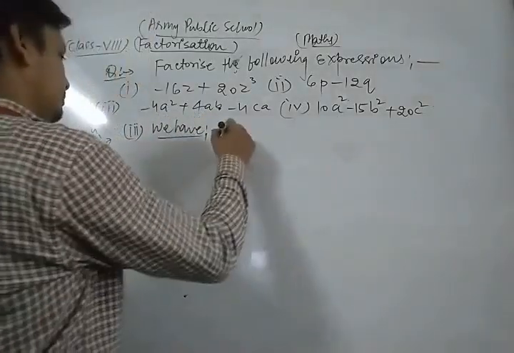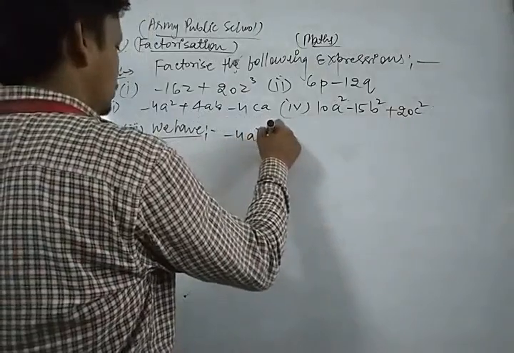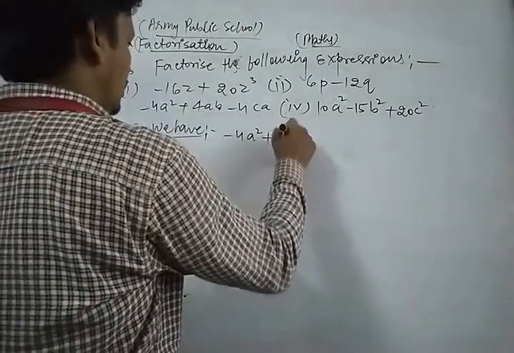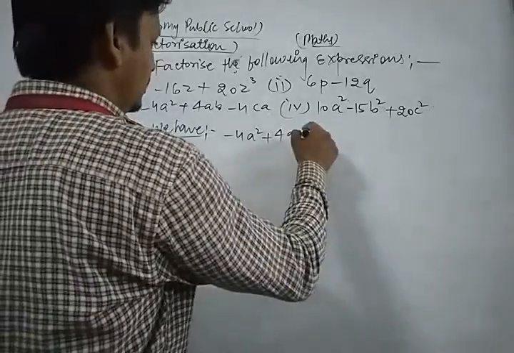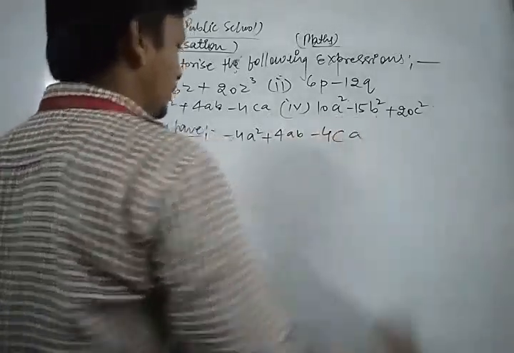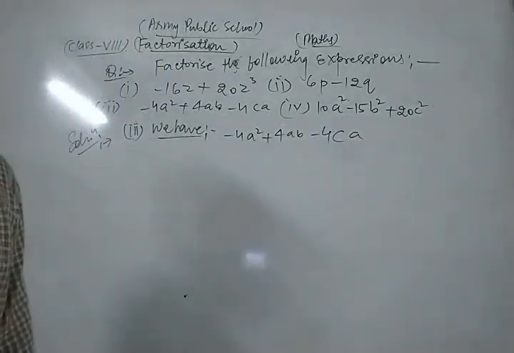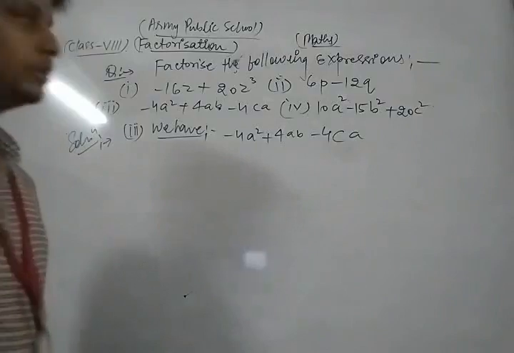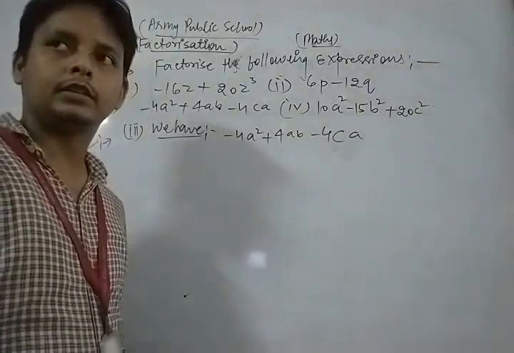We have minus 4a square plus 4ab minus 4ca.